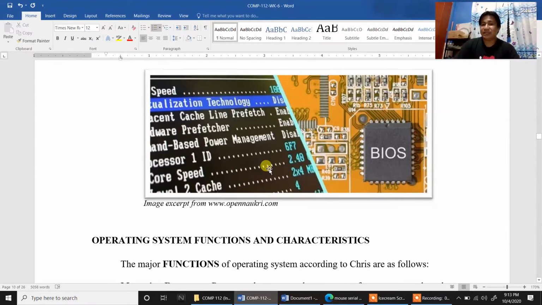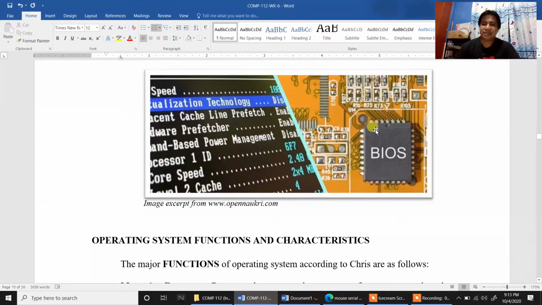Okay? It is read-only, so you cannot edit it. If you want to change it, you must flash it. You have to update your BIOS, and if you want to change the previous setup, you have to flash it. Be careful, because once you do the flashing of the BIOS, make sure that the hardware is still intact. Nothing should be broken or newly changed, because it will start searching, especially if you updated.